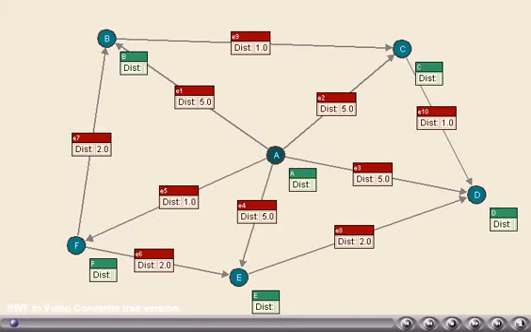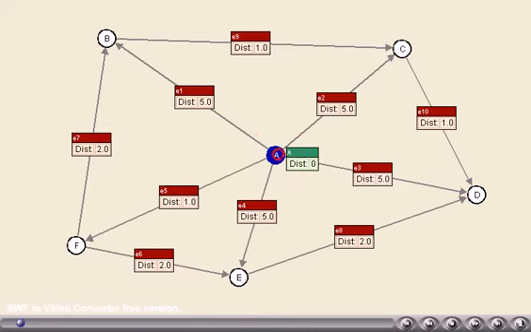In the following slides, we will demonstrate how Dijkstra algorithm works for the graph shown in the slide. Now, we will start from the node A. We consider the distance of this node A is 0.